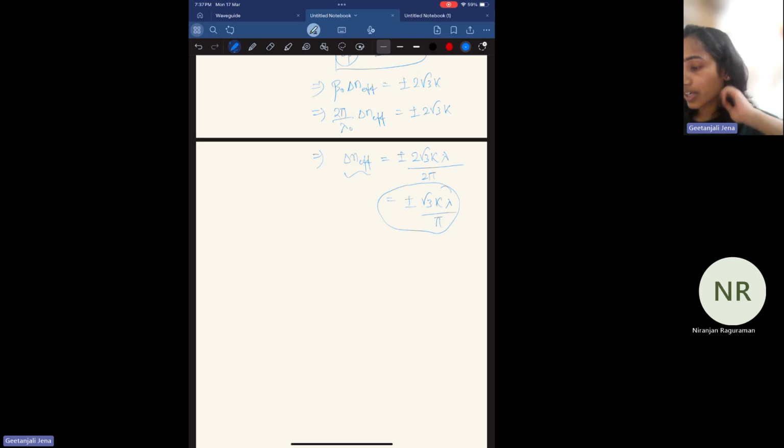Okay, and the value for k, we can simplify it further. This is pi by 2, the value for k, pi lambda. So this will be plus or minus root 3 lambda by 2. And there is a millimeter here, so we can take it as 10 to the minus 3.